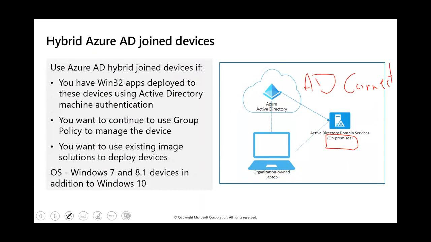So with Azure AD Connect, you connect your Azure Active Directory and your on-prem network so they can talk with each other, and that's how they replicate the hash and the devices so that each of them knows. So your device could be connected to your Azure Active Directory and at the same time to the on-prem network. And that's called the hybrid Azure AD joined devices.